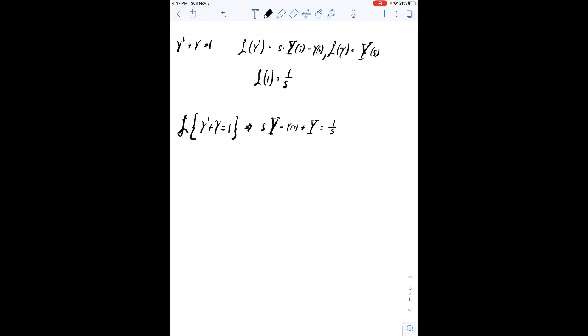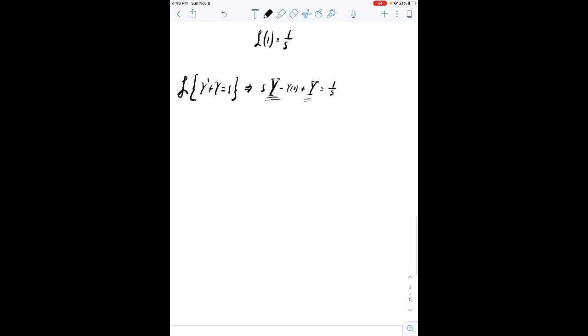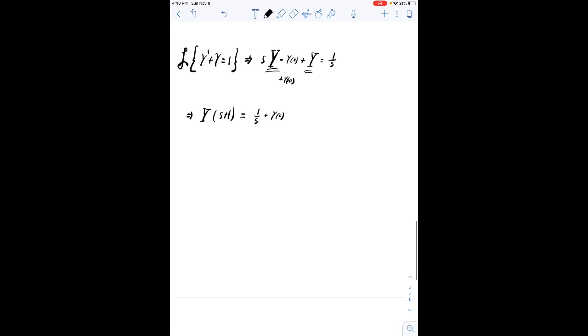Okay, so now what we want to do is get our Y's to one side and everything else to the other side. It'll become apparent why we want to do this in a second, but I'll just show you first. So we just add this to the other side, and then we pull out a Y. So we get Y times s plus 1 is equal to 1 over s plus y naught.